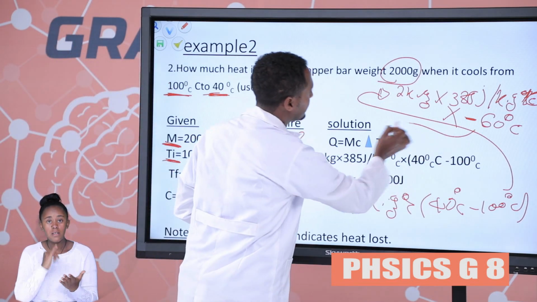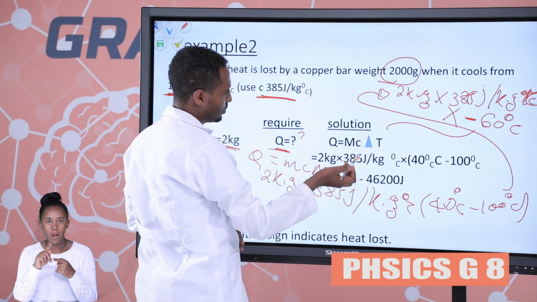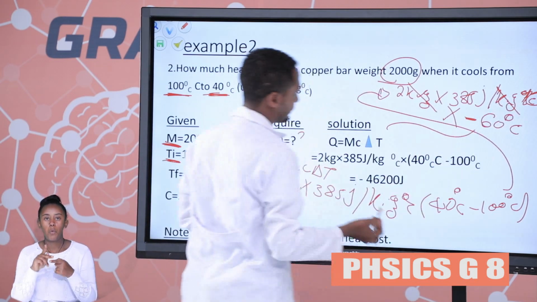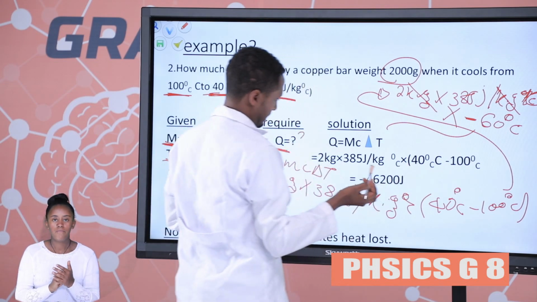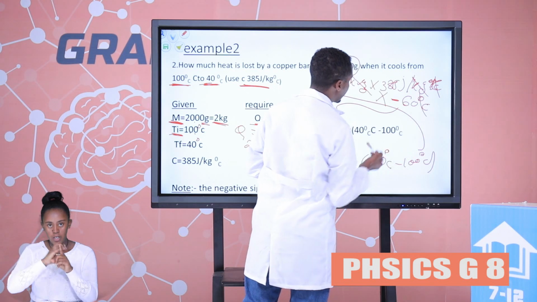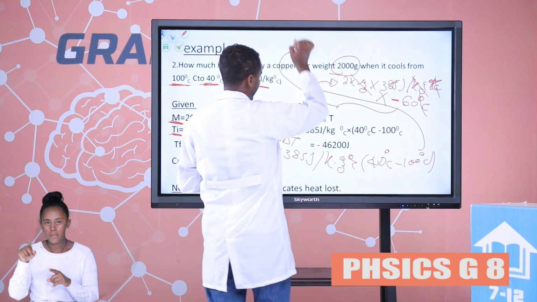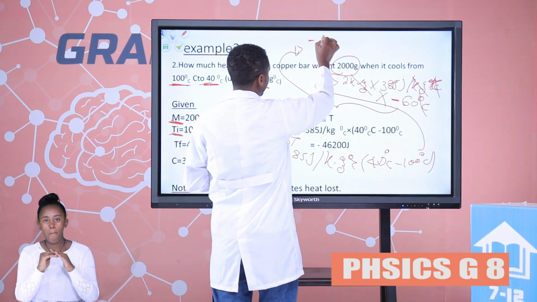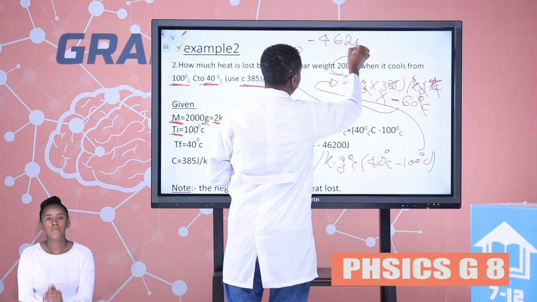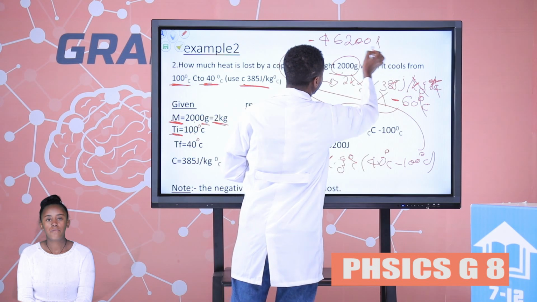Kilogram cancels by kilogram, degree Celsius by degree Celsius. This is minus 46,200 joule.